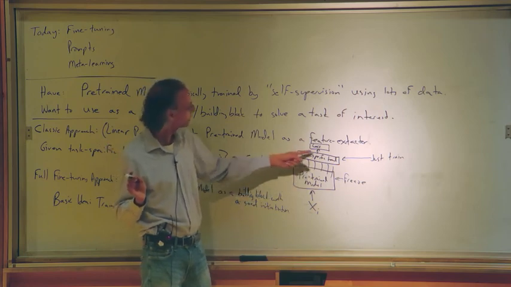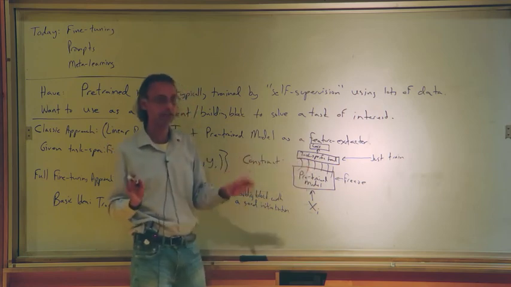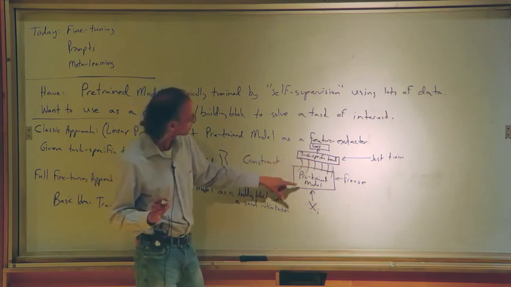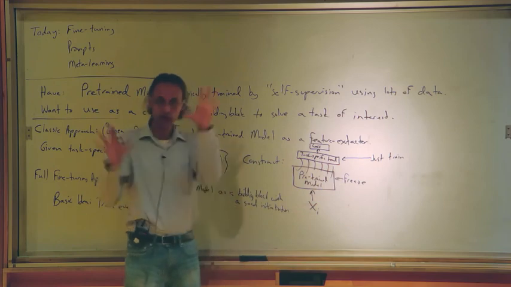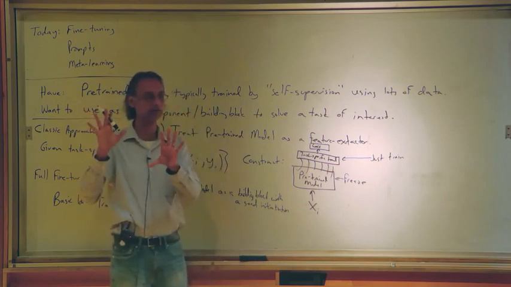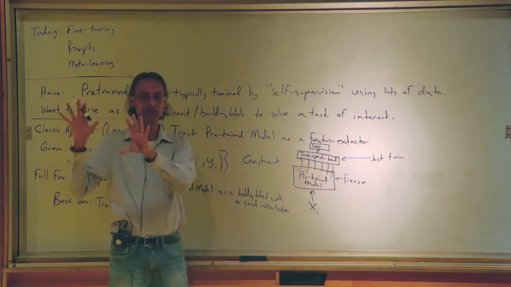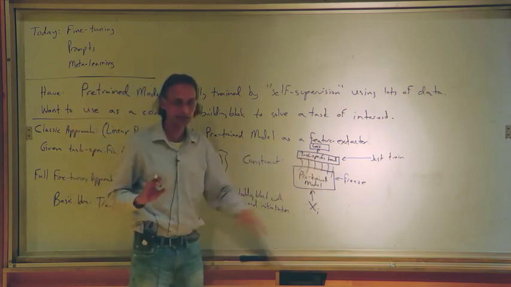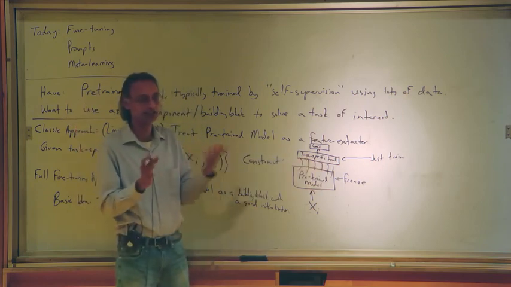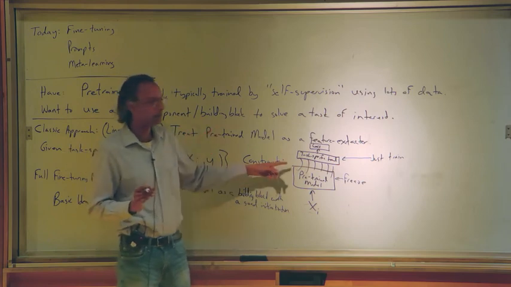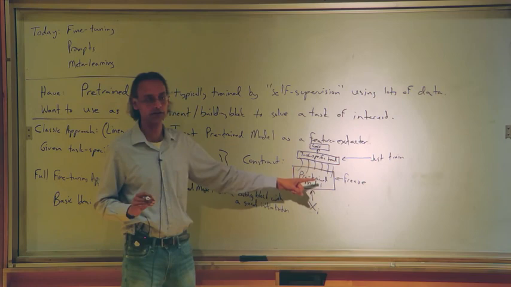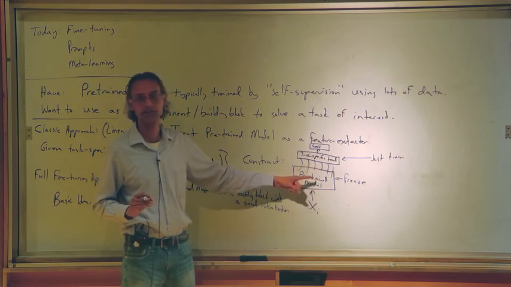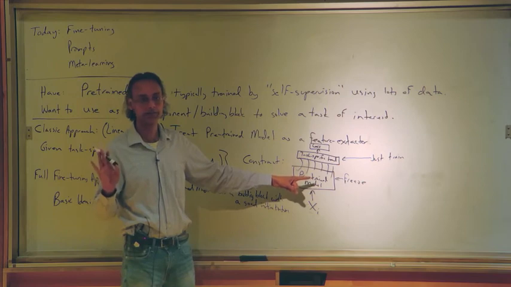And so what you're going to do, if you do that, is oftentimes you will cause the pre-trained model, which is now no longer frozen, to get perturbed in some way. Then this task-specific head eventually will get reasonably good at the task, if there's any hope at all. But now it's dealing with a randomly shaken pre-trained model that might have lost some of the good qualities it had before. Is that clear to everybody?